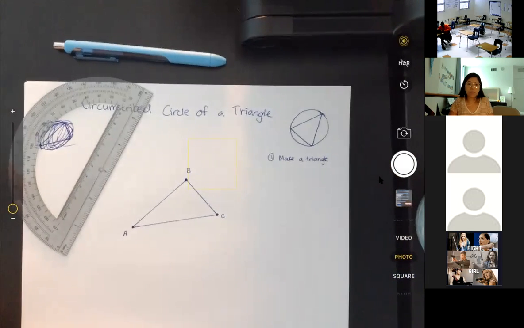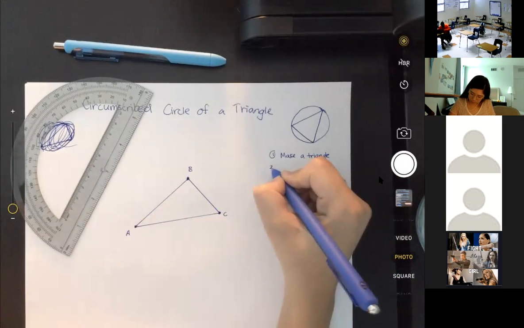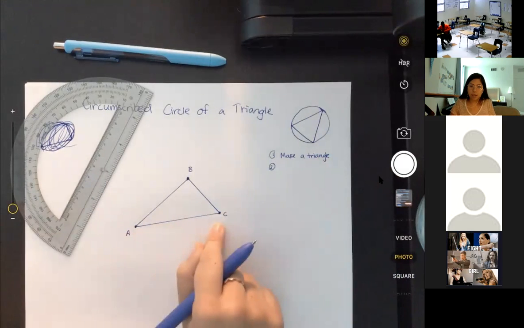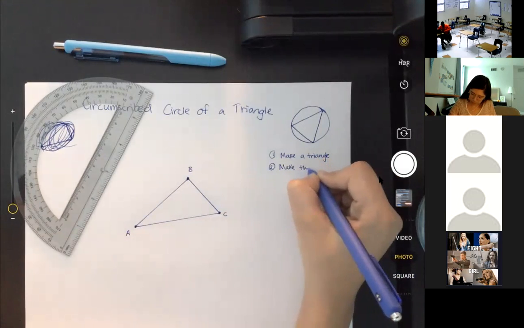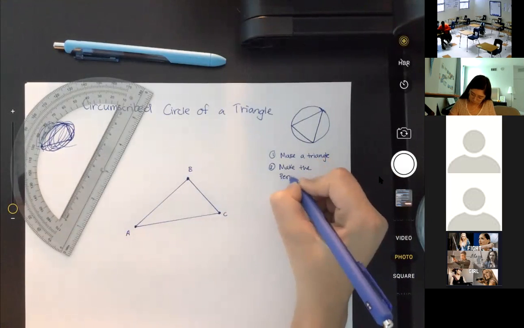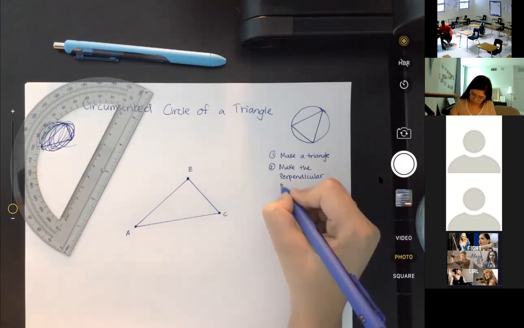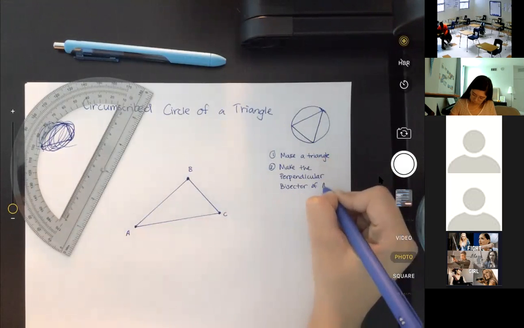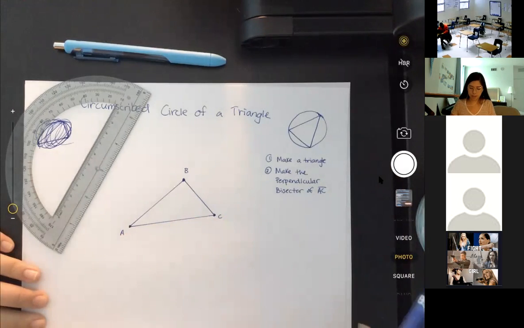Then for step 2, we're going to find the perpendicular bisector of AC. I'm going to make the perpendicular bisector of AC.